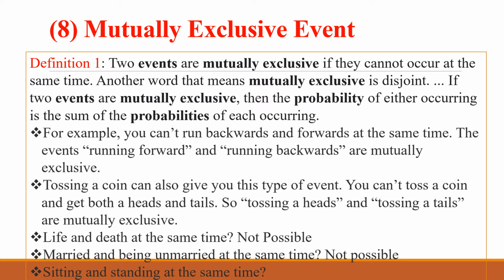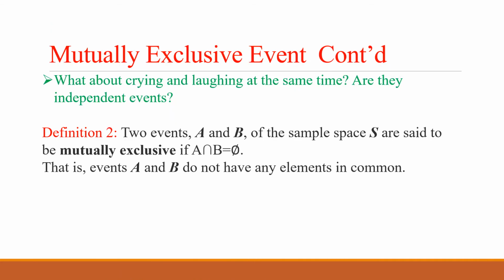We'll look at that in our next clip. Now, we can also define mutually exclusive events as: if 2 events A and B are mutually exclusive, then the intersection of A and B is null. In other words, events A and B do not have any elements in common. We'll look at that in our next clip.